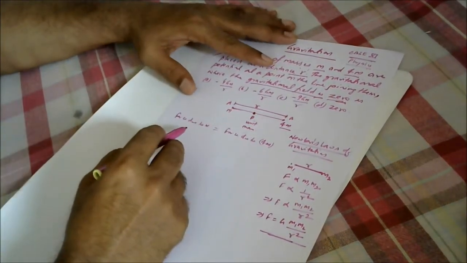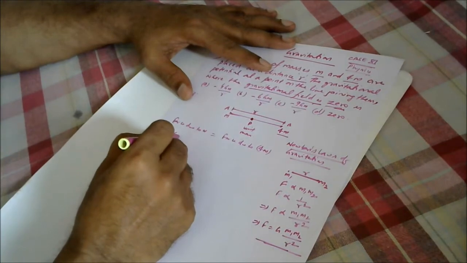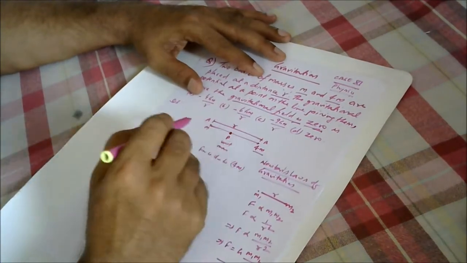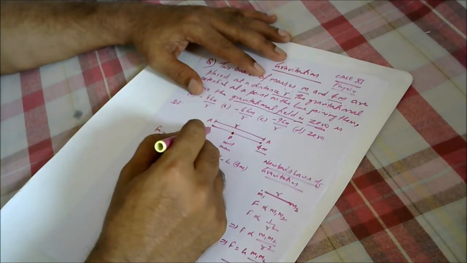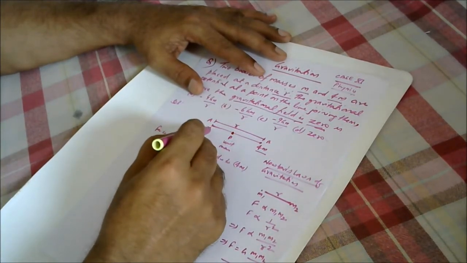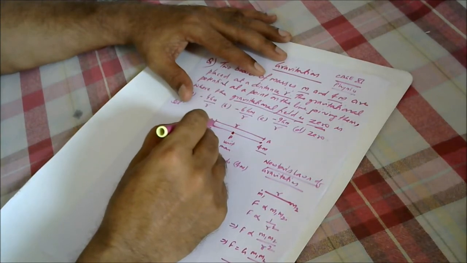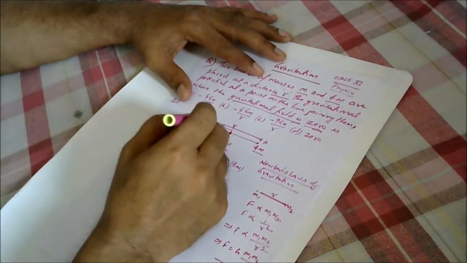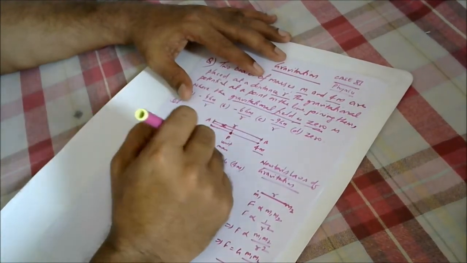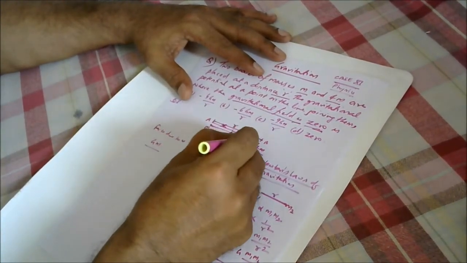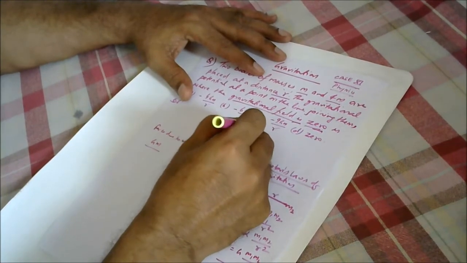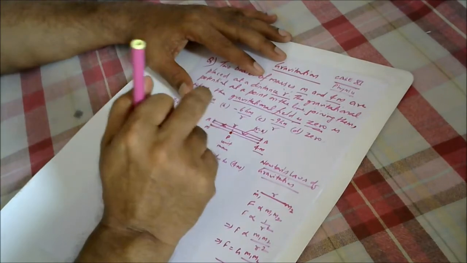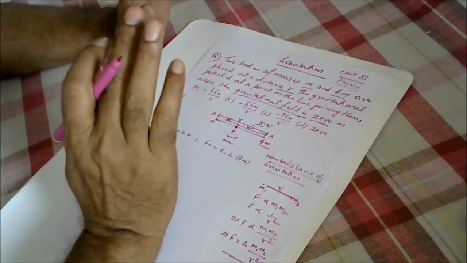So the force due to m will be G m by x square, supposing this point P is at a distance x from m. Then the other distance will become r minus x. Unit is not given, so r minus x unit.